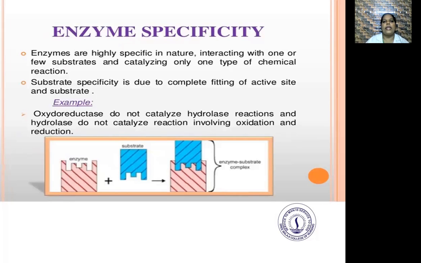Enzymes are highly specific in nature, interacting with a few substrates and catalyzing only one type of reaction. Substrate specificity is due to complete fitting of the active site and substrate. Oxidoreductases do not catalyze hydrolase reactions, and hydrolases do not catalyze reactions involving oxidation and reduction.